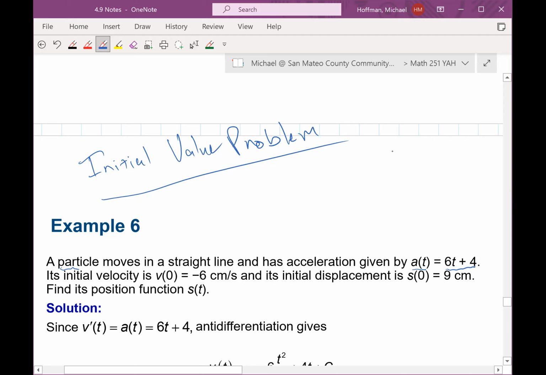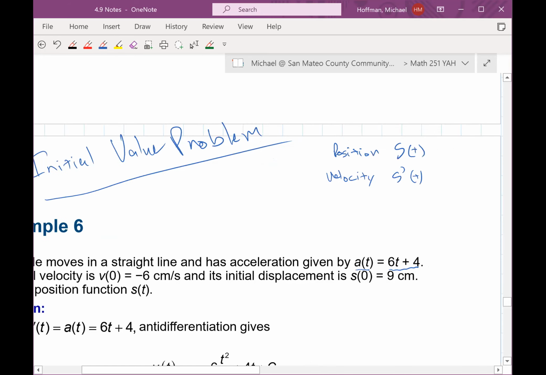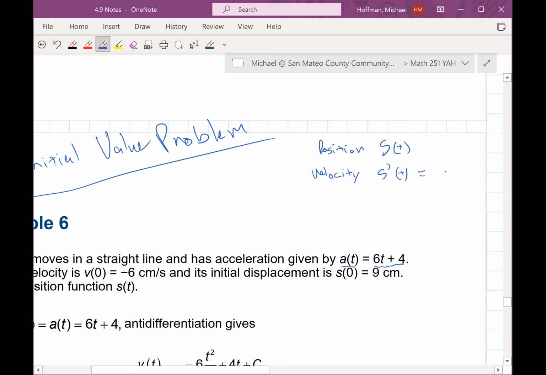So if we have position, often called s of t, the velocity is the first derivative. Velocity is s prime of t, and we can name that v of t. Acceleration, therefore, is the second derivative because it tells you the rate at which the speed increases.